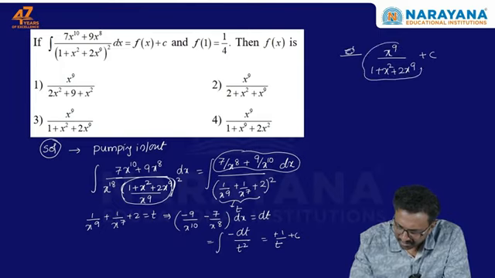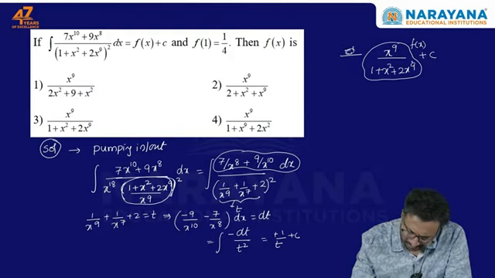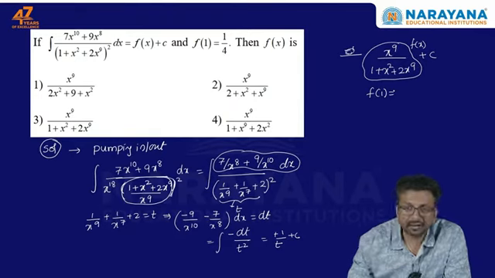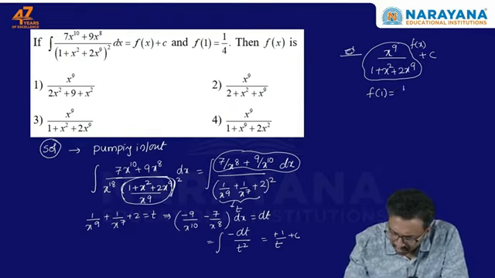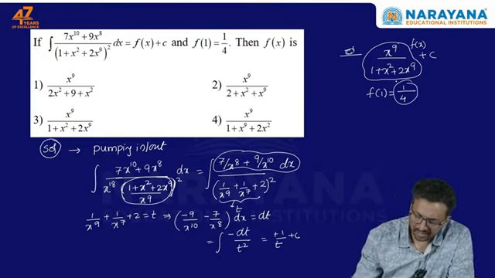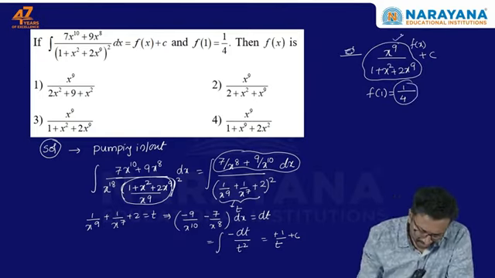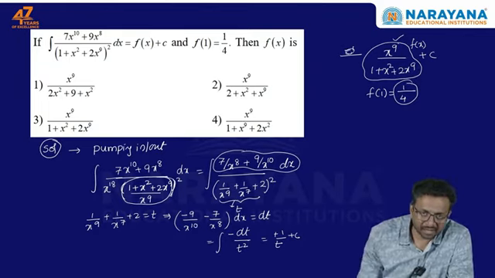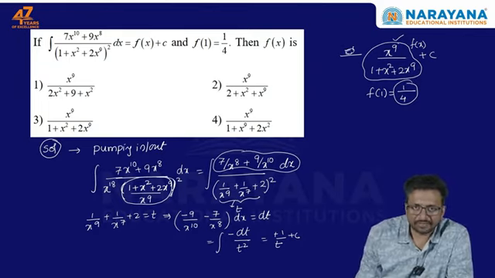So this looks like f of x plus c, but what they have given is f of 1 is equal to 1 by 4. We should also check whether f of 1 is 1 by 4. f of 1 is 1 by 1 plus 1 plus 2. So this is also matching. So f of x is x power 9 by 1 plus x square plus 2x power 9. So clearly third option is the correct answer.